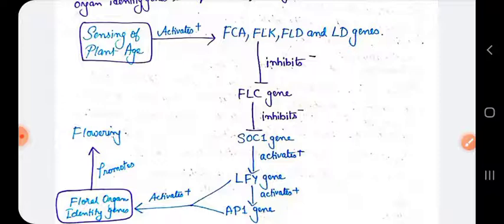Well, in this pathway, it can be achieved when the plant becomes capable of reproduction, right?